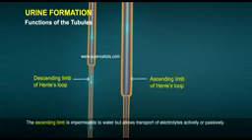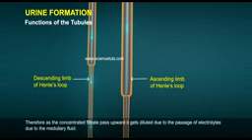The ascending limb is impermeable to water but allows transport of electrolytes actively or passively. Therefore, as the concentrated filtrate passes upward, it gets diluted due to the passage of electrolytes to the medullary fluid.